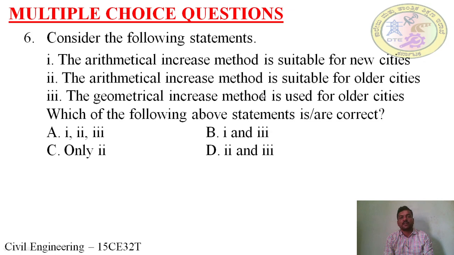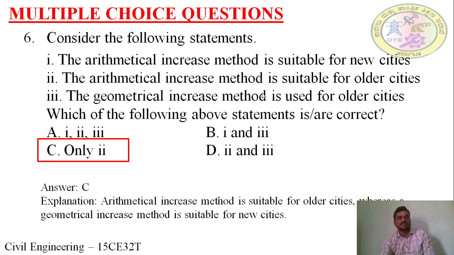Option B, 1 and 3. Option C, only 2. Option D, 2 and 3. Here, option C is the correct answer. The arithmetical increase method is suitable for older cities and the geometrical increase method is suitable for new cities.